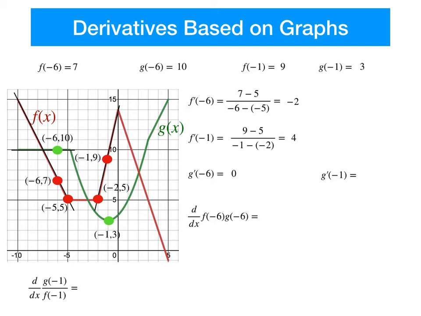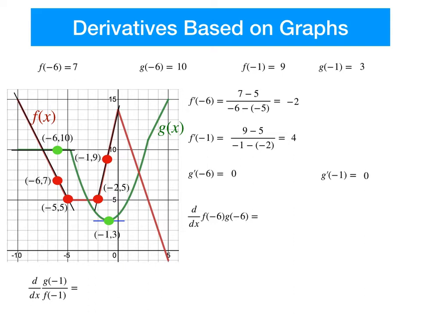All right. The next point is g prime of negative 1. This is an interesting point because if we draw a tangent line to this curve, it's going to be a horizontal tangent line. If you have a horizontal tangent line, then again, the slope of the tangent line is going to be just 0.